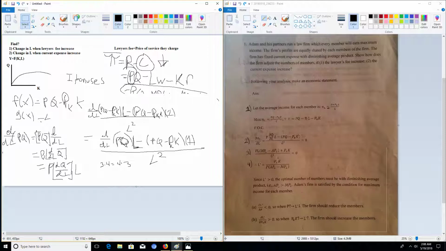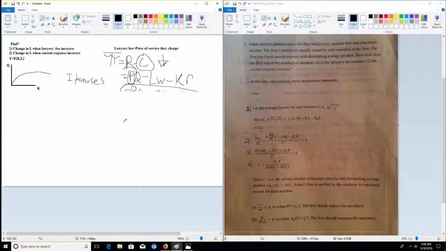L squared in the denominator, PQ minus P is okay, and about to find the derivative of Q with respect to L. And so, as he has over here, d pi sub L dl equals P dq dl times L minus PQ minus PK over L squared.